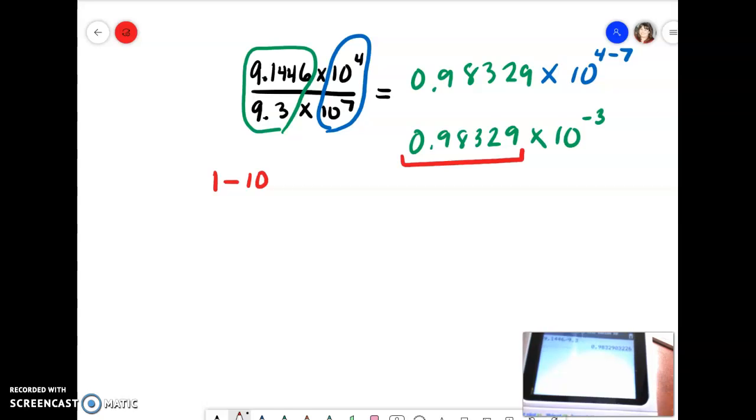So I have to move this over 1 spot, and that would make this number 9.8. And then because I moved it 1 spot this way, it would give me a negative 2 as my exponent. So in scientific notation, this would be my answer.